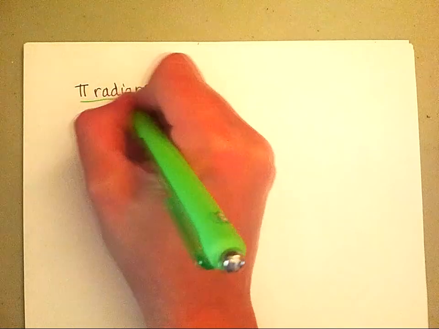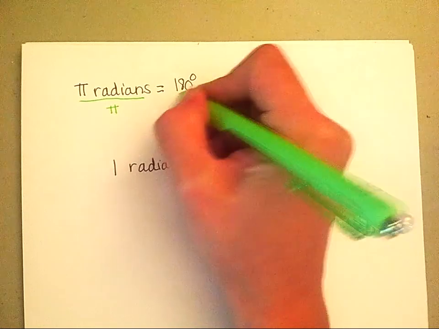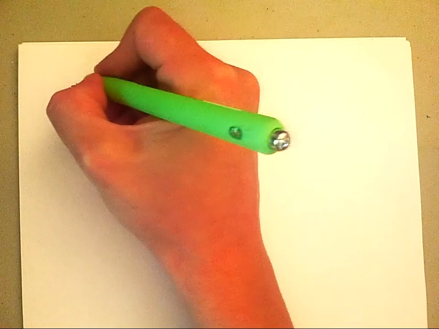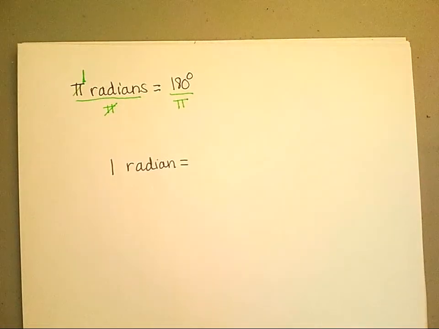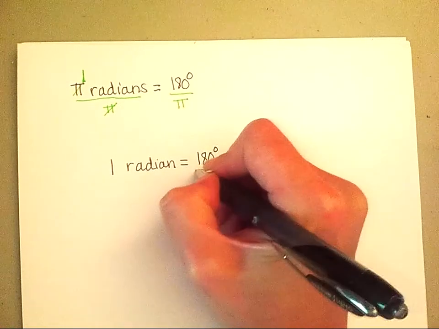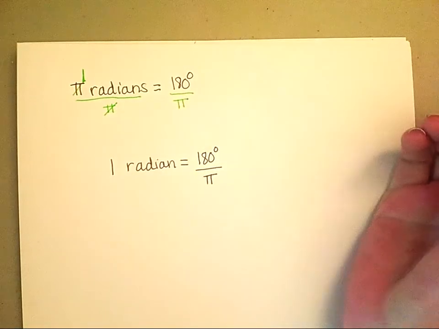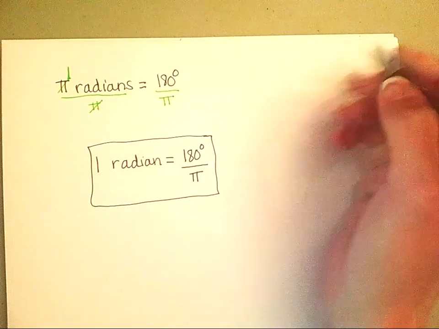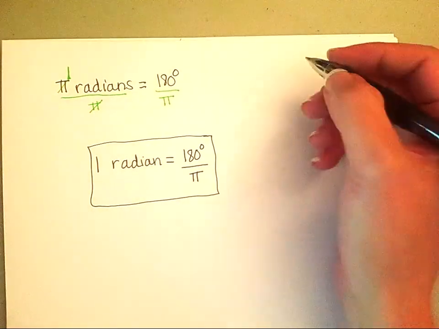Well, I can just divide by pi, but if I'm dividing this side by pi, I also have to divide that side by pi. Then the pi's would cancel, and I'd be left with the 1 radian. So 1 radian would be equal to 180 over pi. Okay, so this is one formula we'll need. It'll help us in converting.